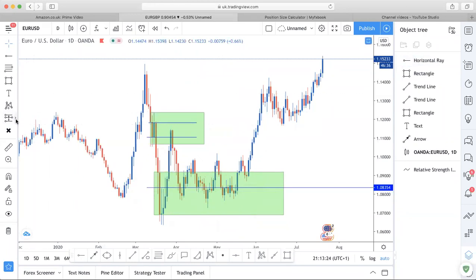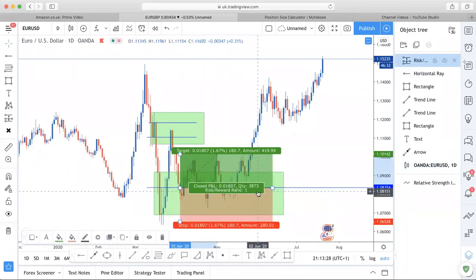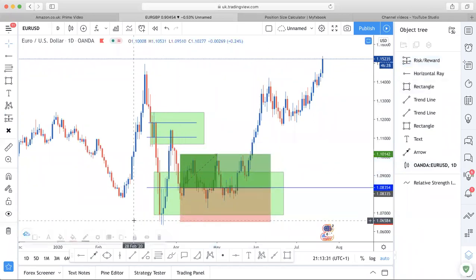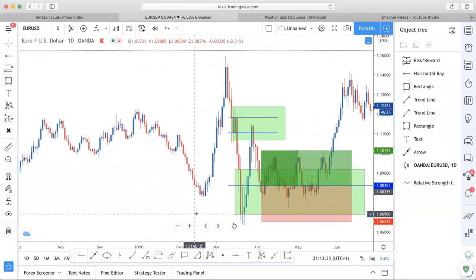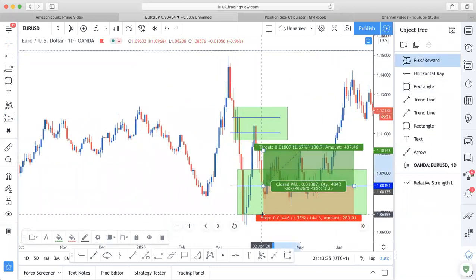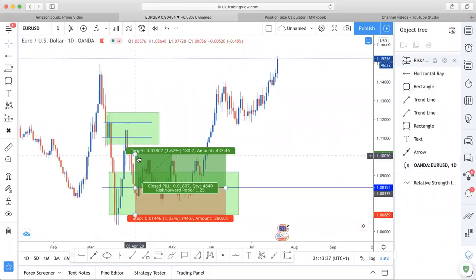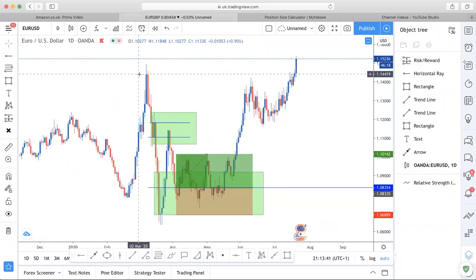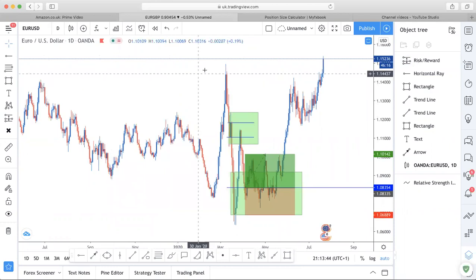So if I had taken this trade, this would have been my entry on the daily time frame, and my stop loss would have been here, and my TP, I would be targeting the high above here. Why? Because of the liquidity above this area.